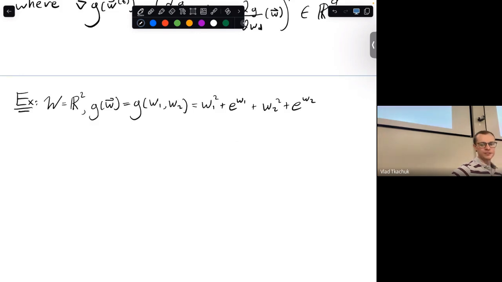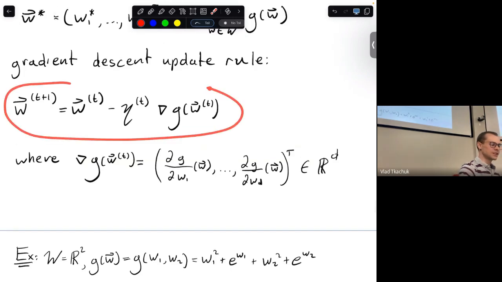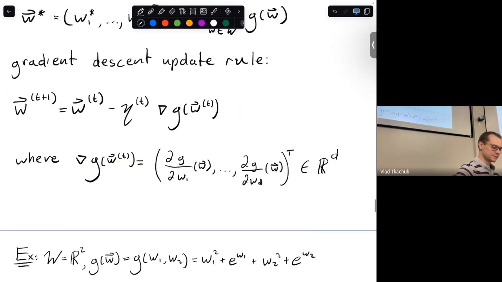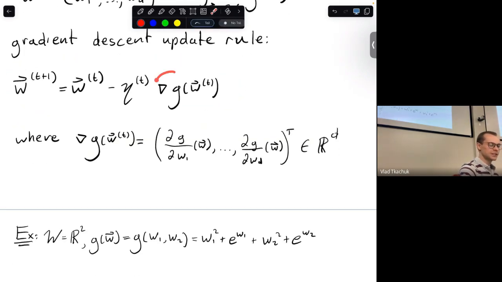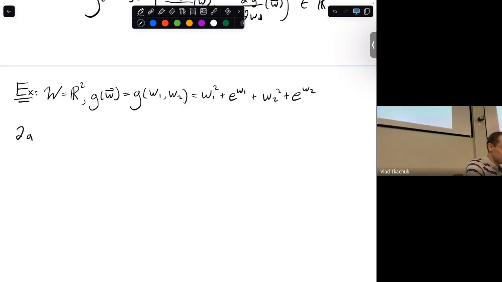So we have this object, and now let's calculate the gradient steps, what they would look like. Let's do this calculation, and then we'll plot them. To do this calculation, I need the gradient. And to calculate the gradient, I need the partial derivatives. So we start with calculating the partial derivatives. The partial derivative of g with respect to W1, what is it?